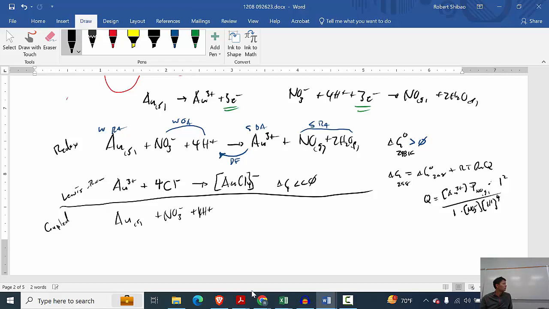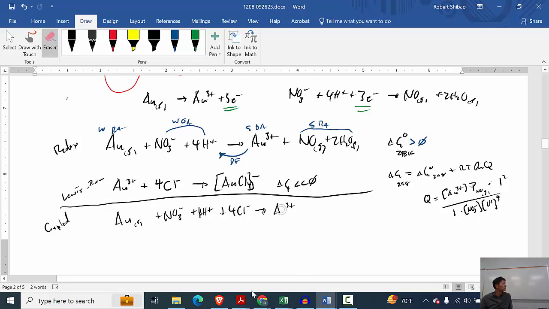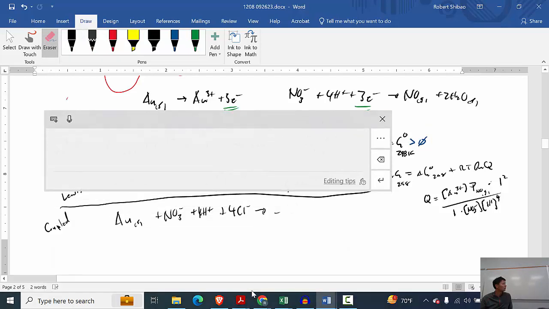Okay, now this gold 3 cancels. So this gold 3 cancels that gold 3. And then we're going to have 4 chlorides. This is going to produce gold 3 plus. Oh no, gold 3 cancels, sorry. Get rid of that.